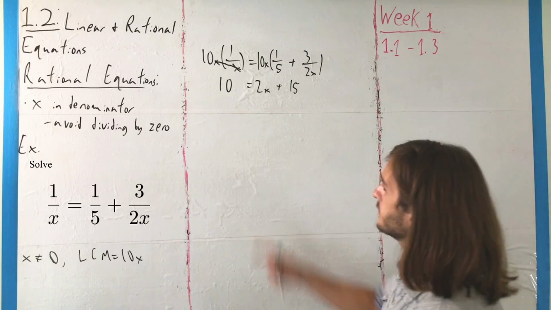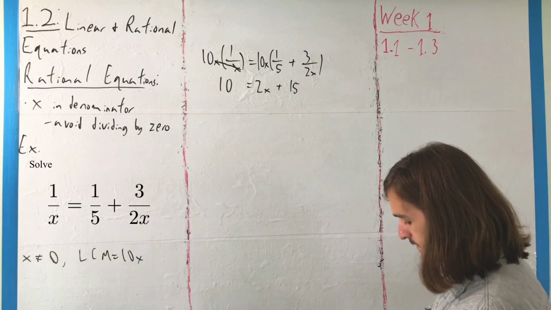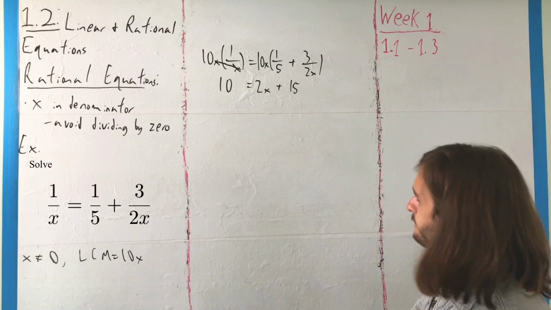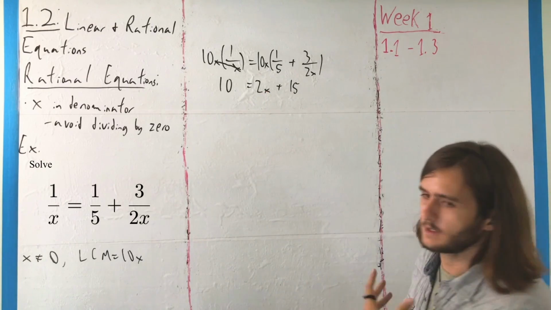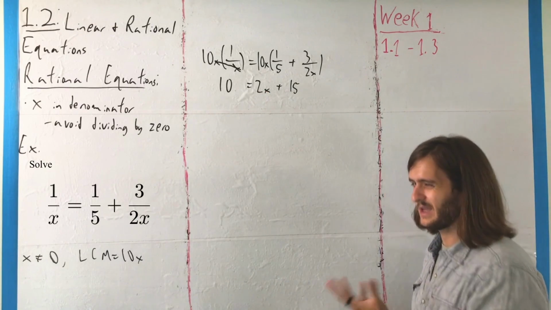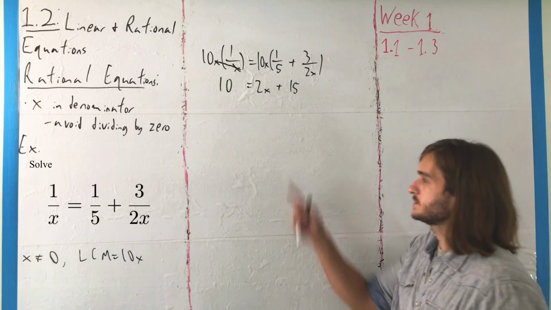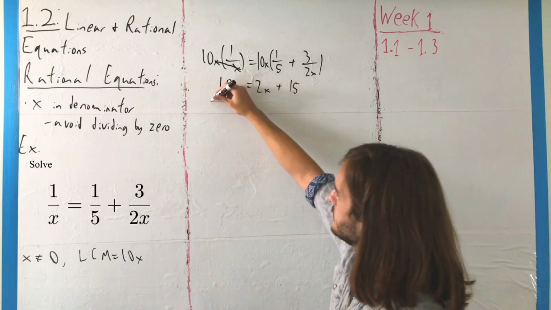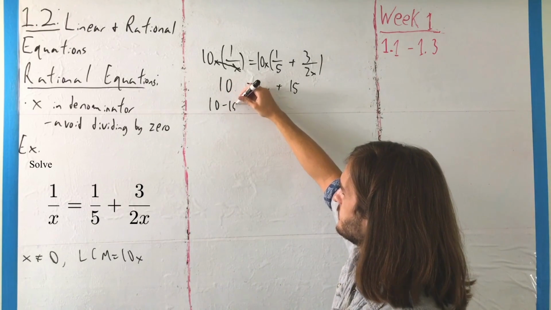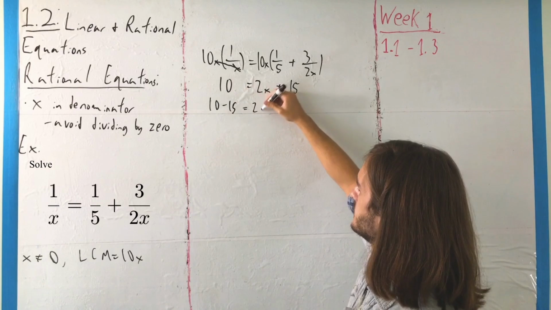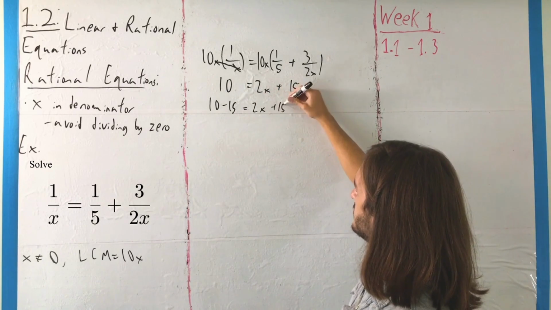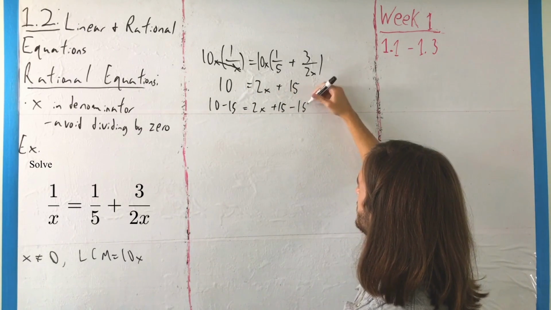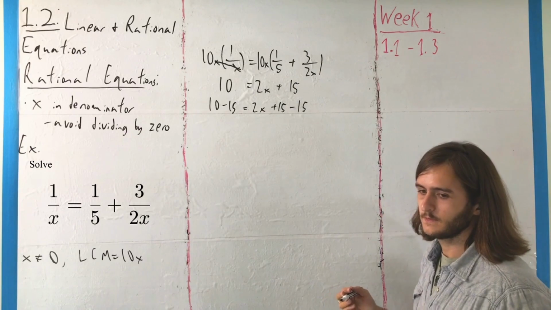Anyway, from here, we're in pretty standard territory. Because the x is already over here, I'm not going to worry about rearranging it, even though I usually like to have x's on the left. I'm just going to try and get rid of that 15. So I'm going to subtract 15 from this side, and subtract 15 over there.